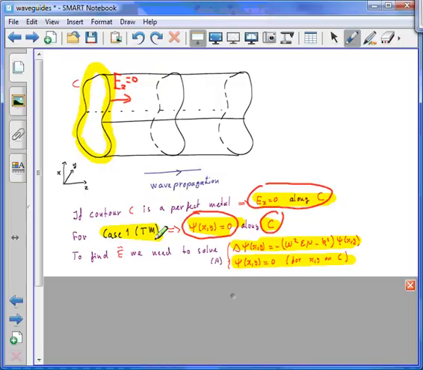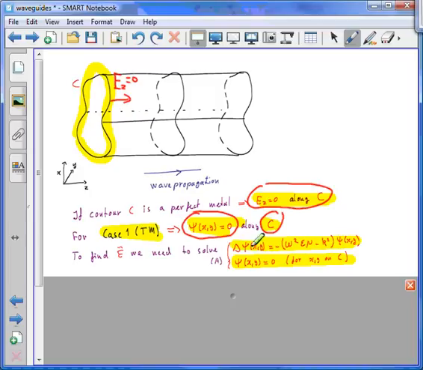So again, all that is needed is to have psi equals 0 on the contour, which will imply that Ez is going to be 0, so there's no electric field parallel to the conductor at the conductor, which is a requirement for a good conductor, for perfect metal.